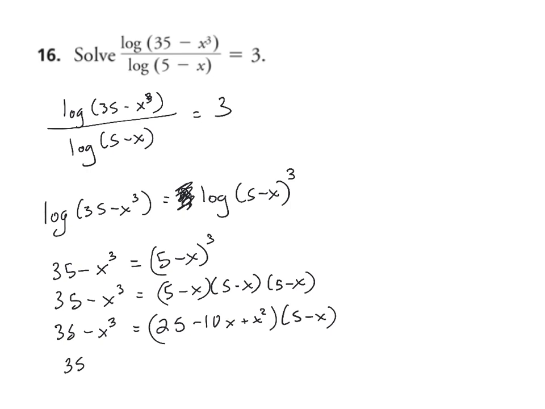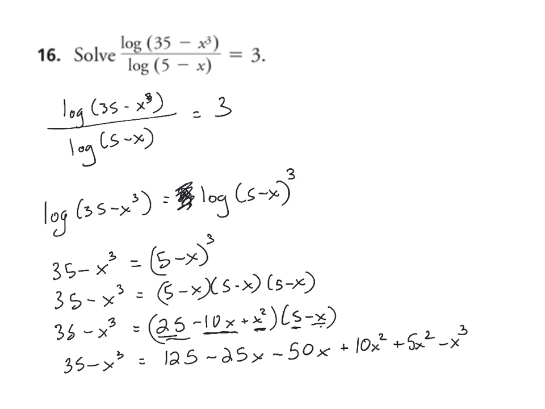All right, let's do 25 times 5 is 125. 25 times x, so minus 25x. Negative 10x times 5, so minus 50x. Negative 10x times minus x, which is plus 10x squared. x squared times 5, so plus 5x squared. And x squared times negative x, minus x cubed.